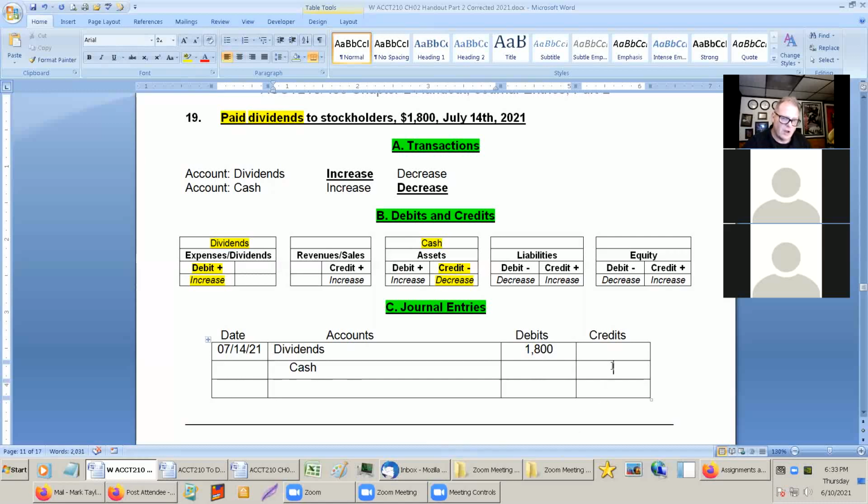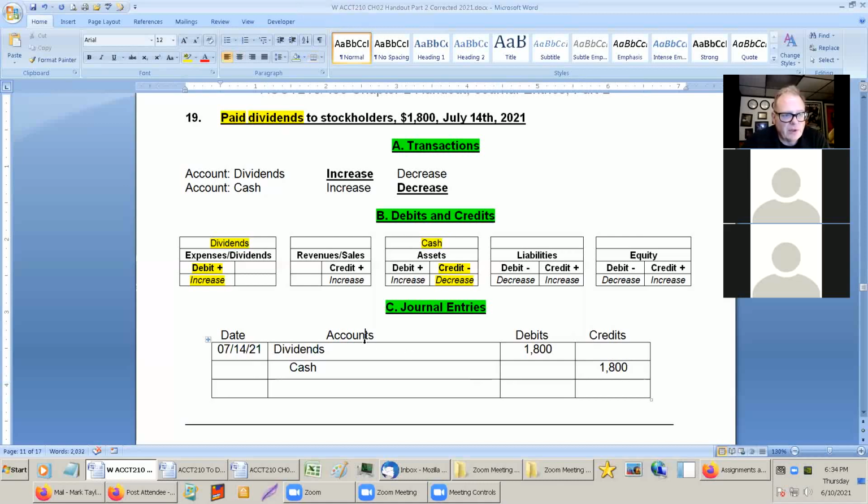So cash is going down, and we're paying this to our owners, it's not an expense. There isn't anything called dividend expense because it's not necessary for the business. Expenses are generally things that are necessary for the business. These are just payments to the owners.